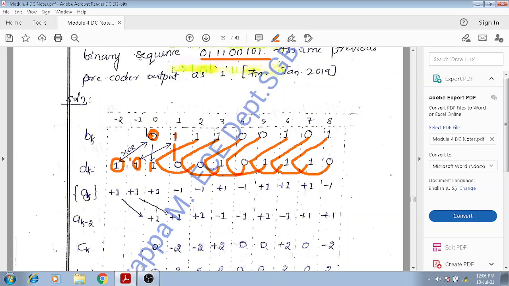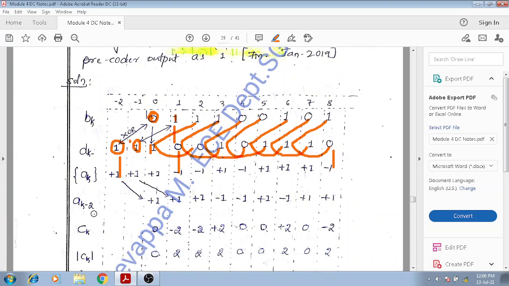This level shifter will transform 1 into plus 1 and 0 into minus 1. So 1 is plus 1, and 0 is mapped into minus 1, and so on for the whole sequence.